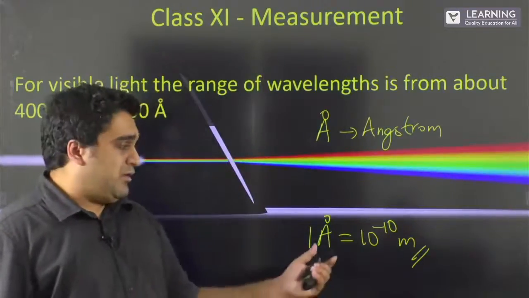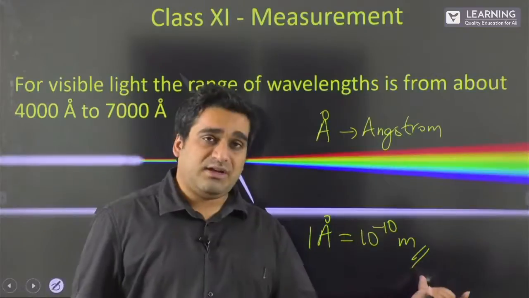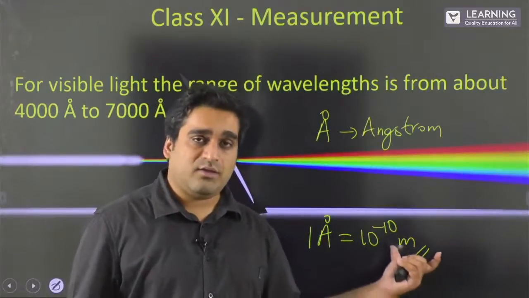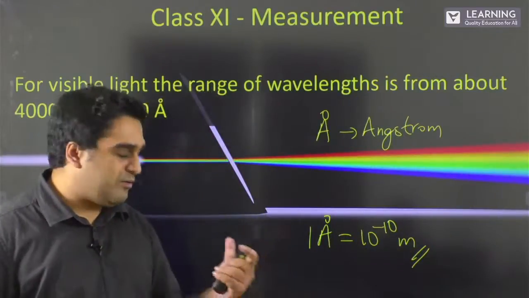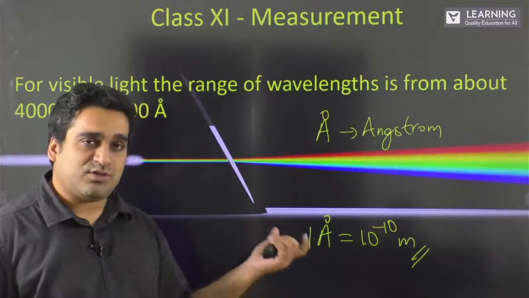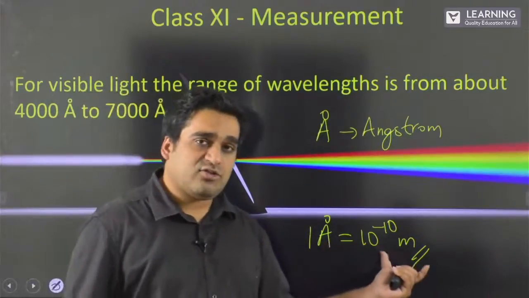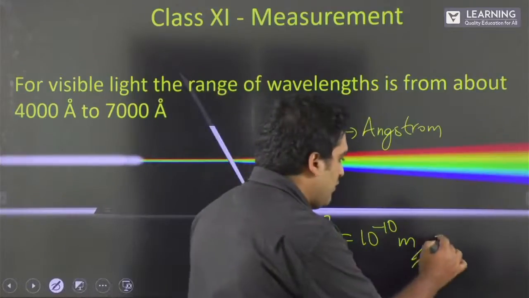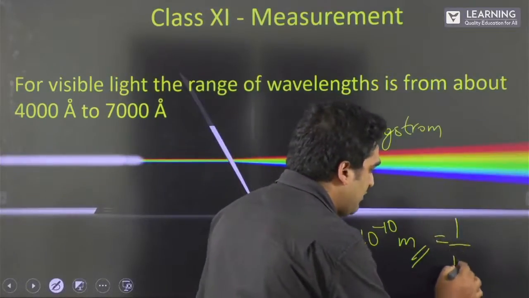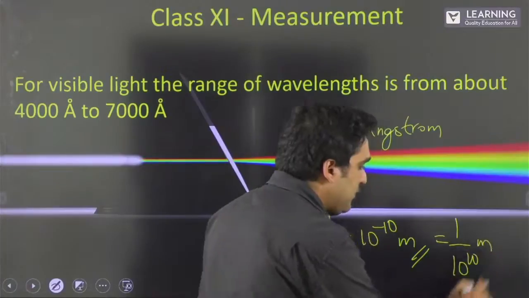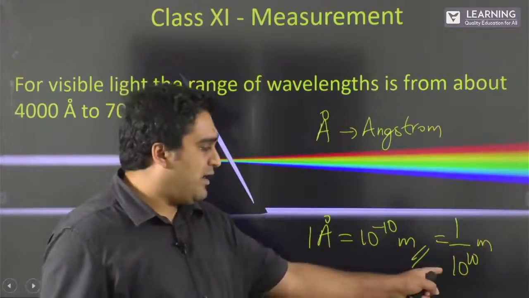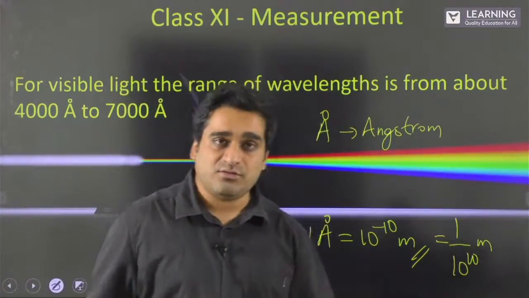Earlier, we only witnessed 1 by 10 raised to 6, which is of a micro scale. Here we have an angstrom scale, which is 1 by 10 to the power of 10 meters. That is 1 followed by 10 zeros.